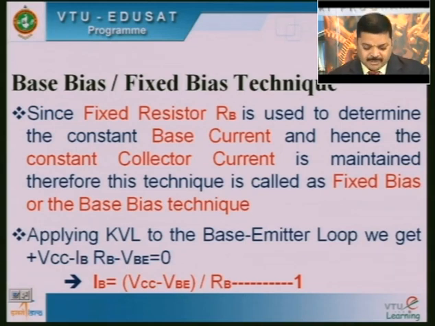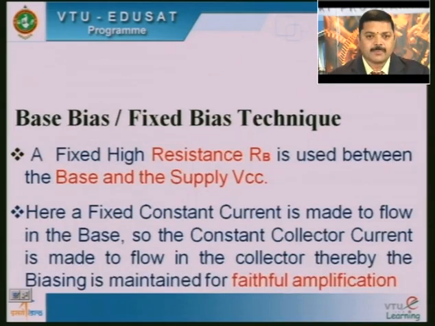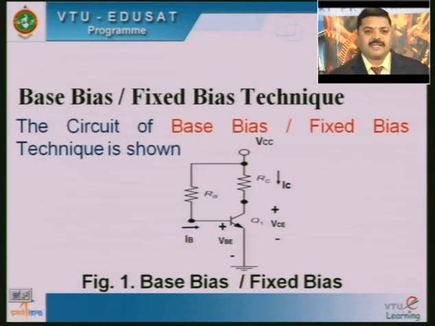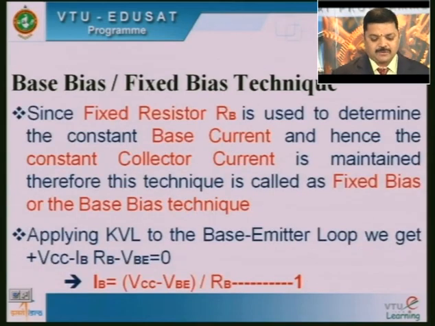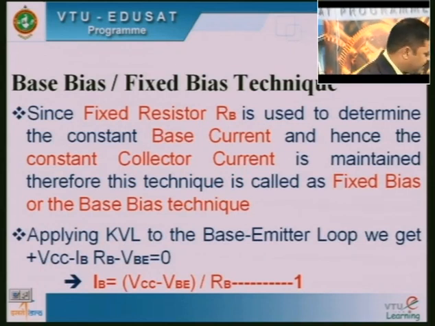Now, let us go back to that circuit. So, let us apply Kirchhoff's voltage law to the input loop, that is the base emitter loop, so that we get the expression for the base current IB. Let us see on the board.